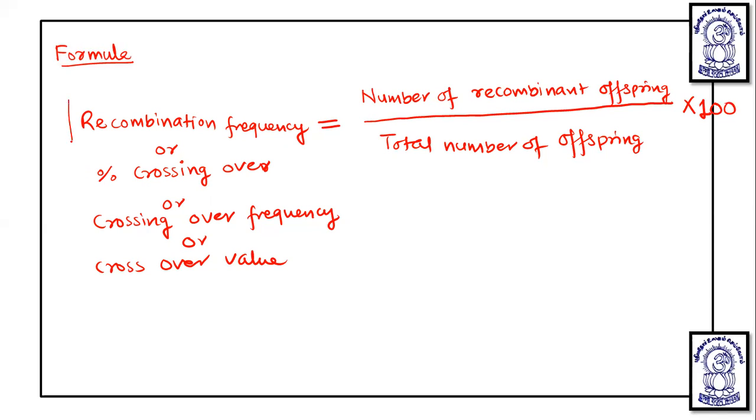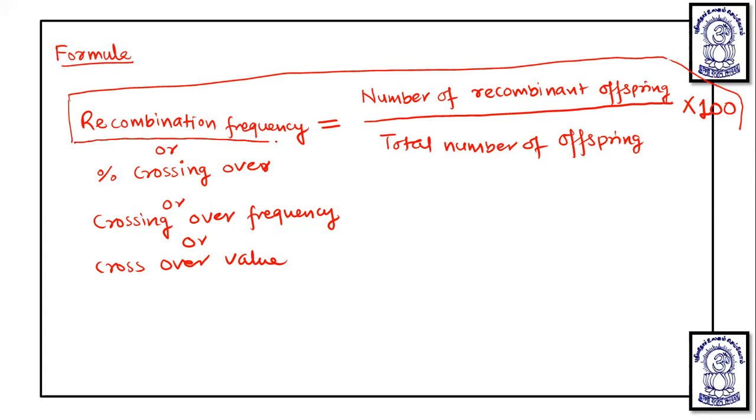So this is actually the formula for the recombination frequency, which is also known as percent crossing over.